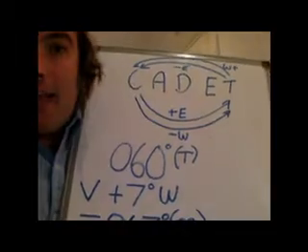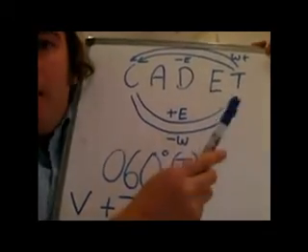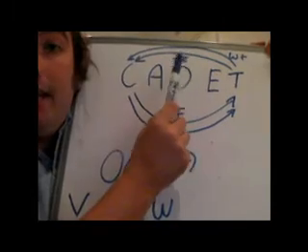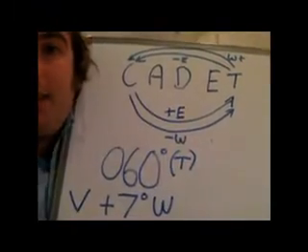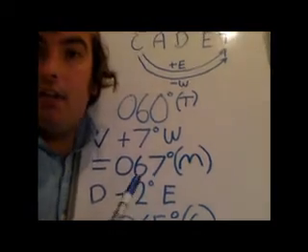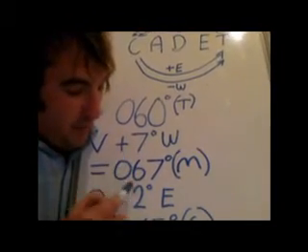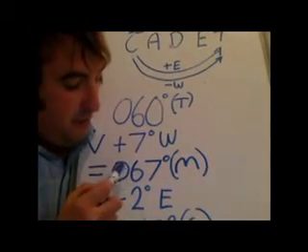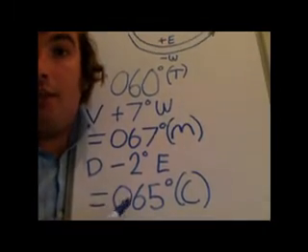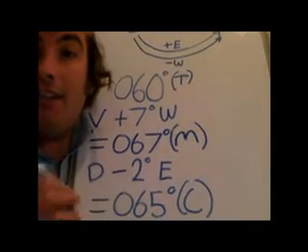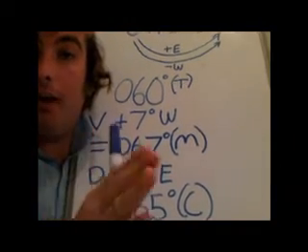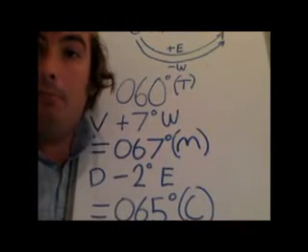Again, back to Cadet, because we're still going in the same direction, we're going to take away the east figure, which was 2 degrees. Taking 2 away from 067 gives us a compass course of 065. And that's the actual course your navigator will give the helmsman to steer on that compass.